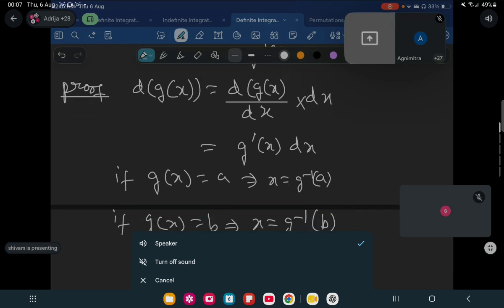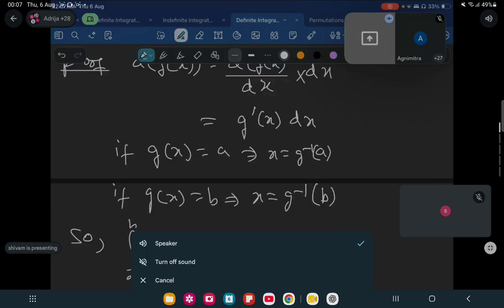So what will be the integral? The integral from a to b of f of x into d of g of x can be written as integral of f of x into g dash x dx.